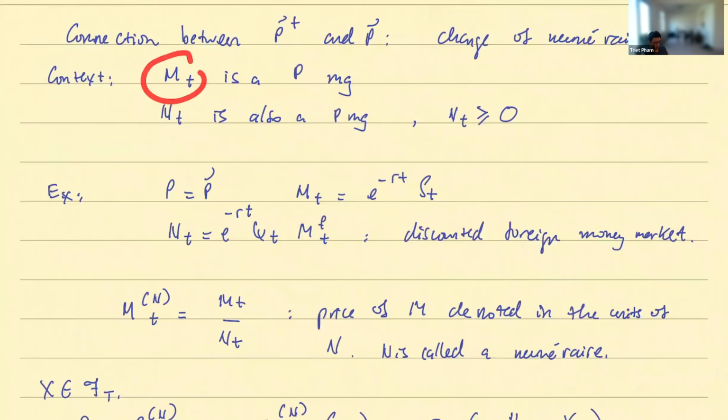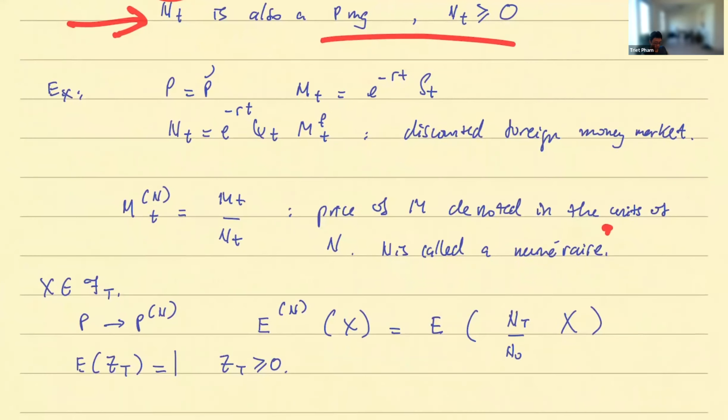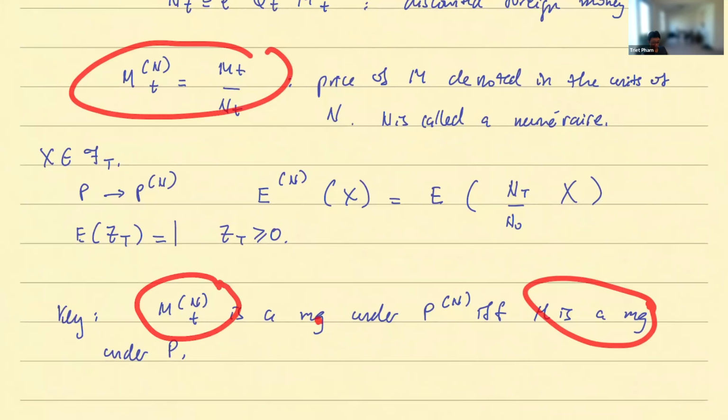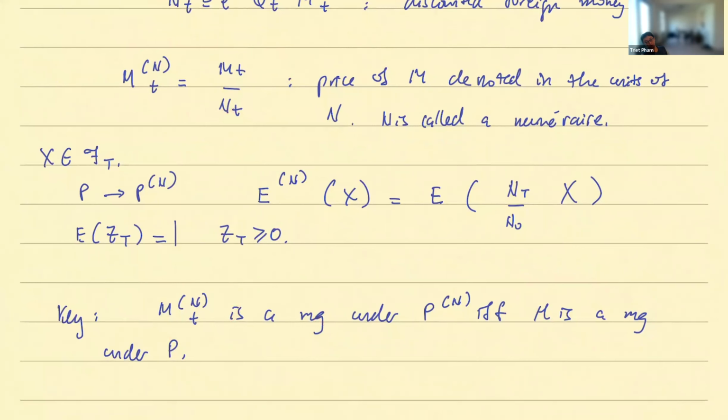M is just any process, so I don't need that. Here's what I need so that I can change measure. But the result is that if I start out with a martingale and I change the numeraire, then the changed numeraire process is a martingale under the new measure. Got it?